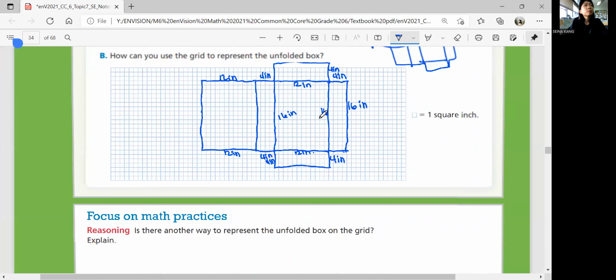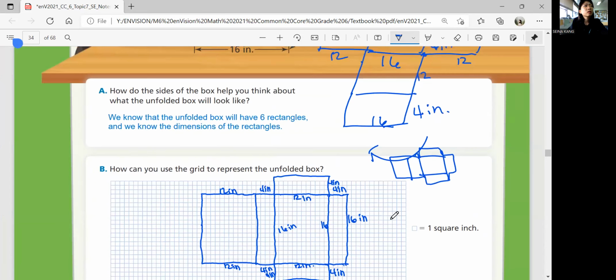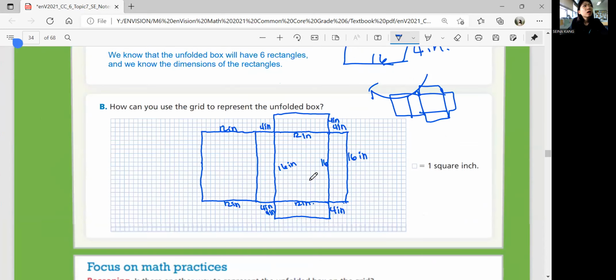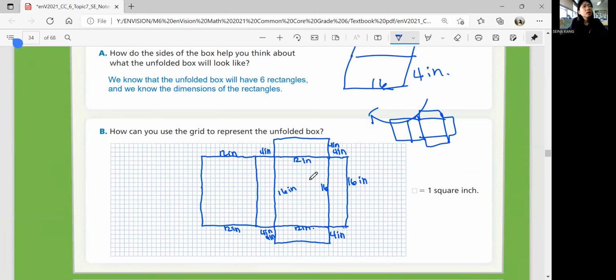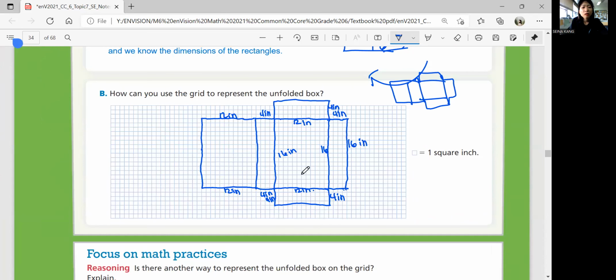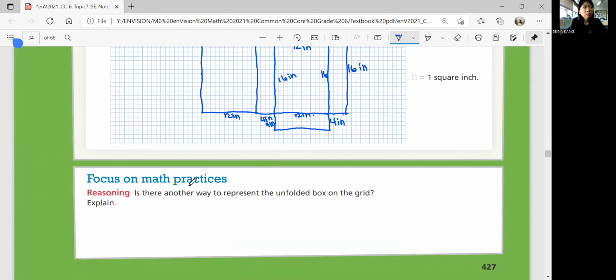Okay, that should be 6 rectangles. 1, 2, 3, 4, 5, 6. That should be the accurate unfolded box on the grid. There we go.